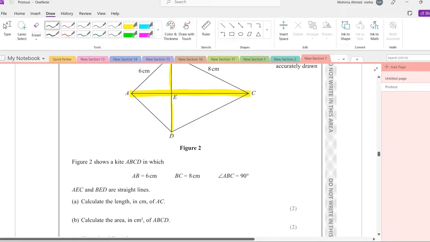We need to just focus on the other triangles. Let me cancel it.